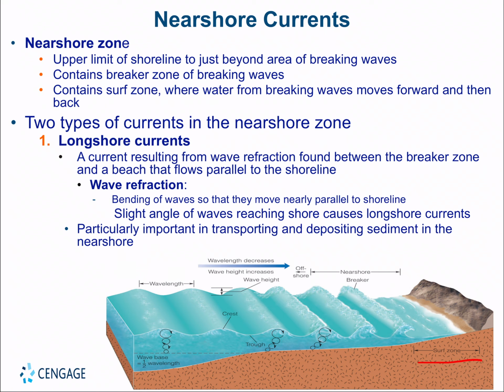So wave refraction is the bending of the waves, and they bend so that they move nearly parallel to the shoreline. That slight angle of waves reaching the shore causes the longshore currents. Longshore current is particularly important in transporting and depositing the sediment in the nearshore.